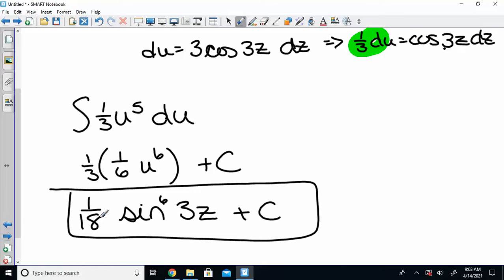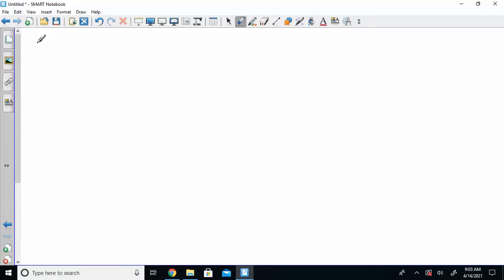Let's take a look at our study guide. So this is only over 3 sections, and actually I just gave you back both quizzes from those 3 sections, so we should have a pretty good idea of the type of stuff on this test.